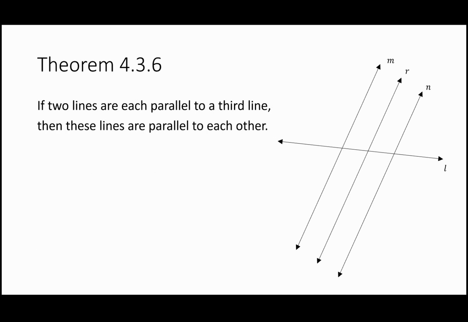Okay. Cool. Now we're going to mix it up a little bit. This sixth theorem in section 4.3 is a little bit of a deviation. It's got its own distinct wording compared to the first five, which were merely the converse of a lot of theorems presented in section 4.1.